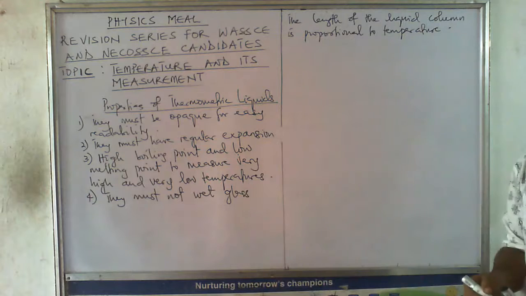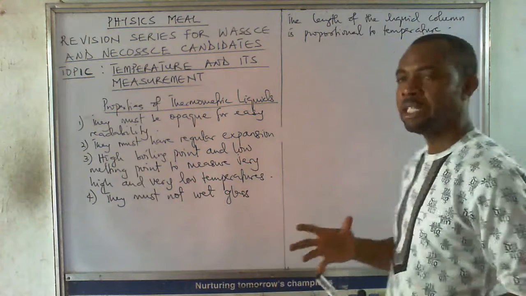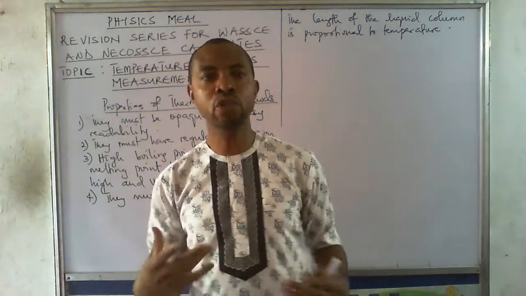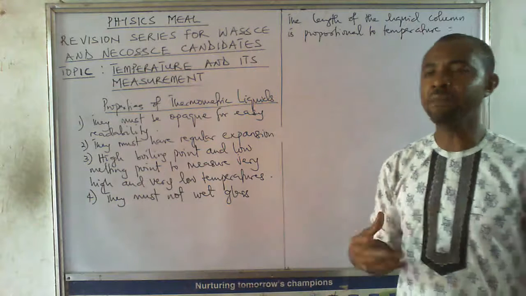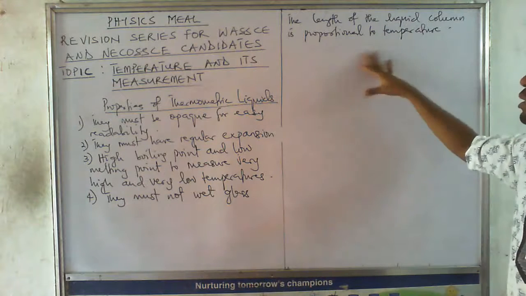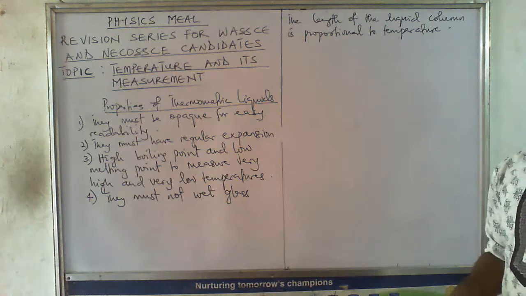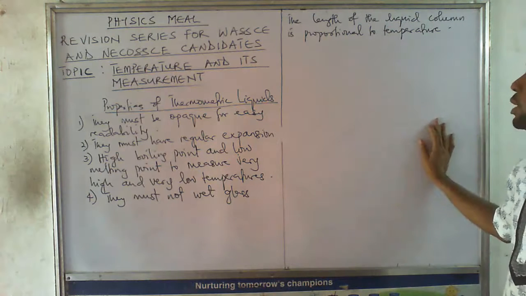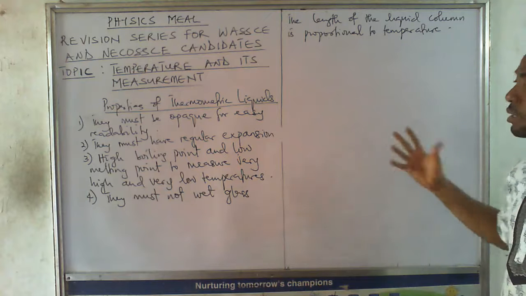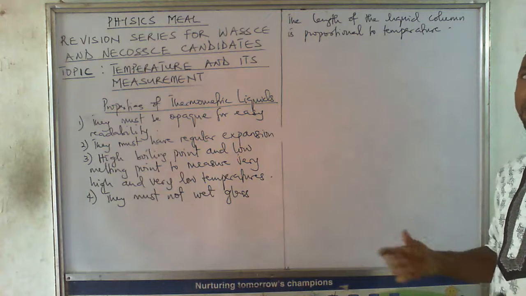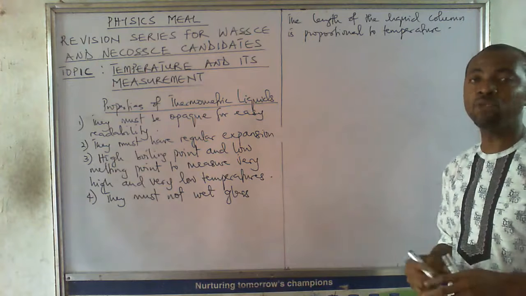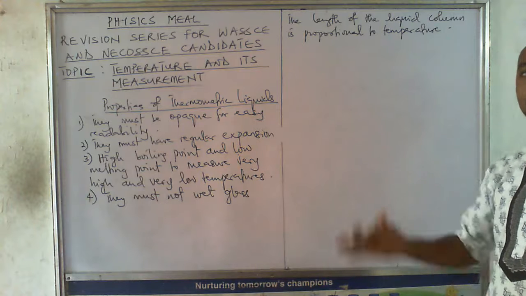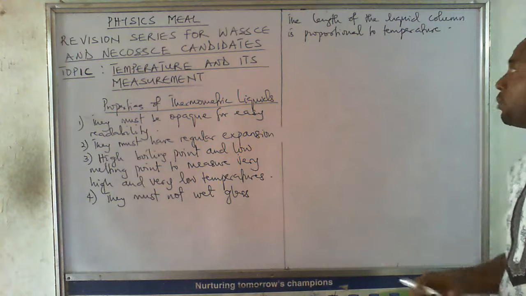What it means is that when temperature is increasing, then the length of the liquid column will also do what? Increase. And if there is a decrease in temperature, there will also be a corresponding decrease in the length of the mercury column, or the liquid column if another liquid is used. So we can actually obtain a relationship between the length and the what? Temperature. Yes, we can obtain a relationship.